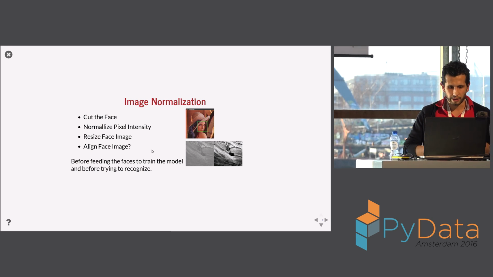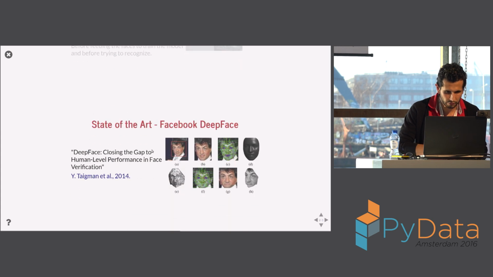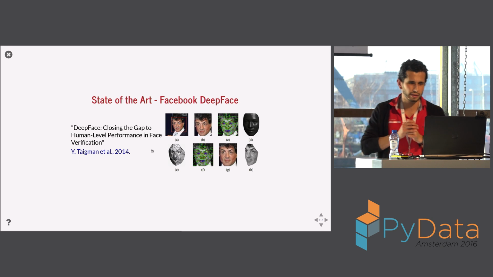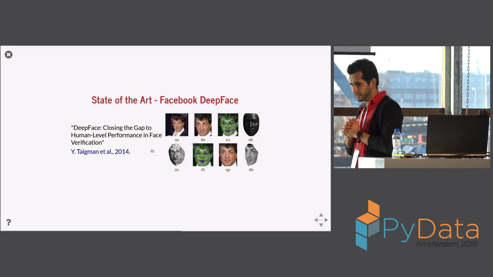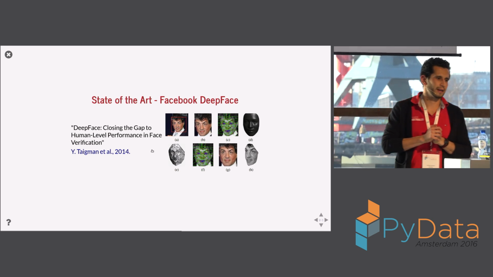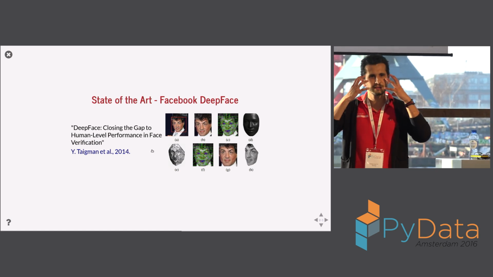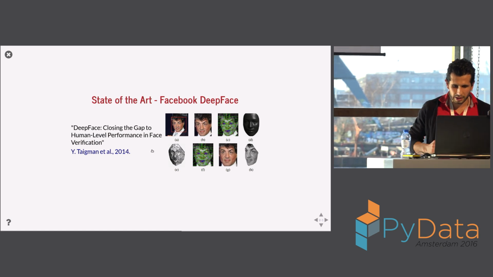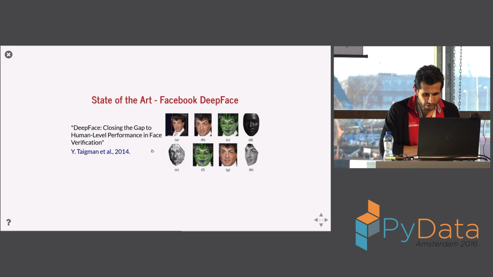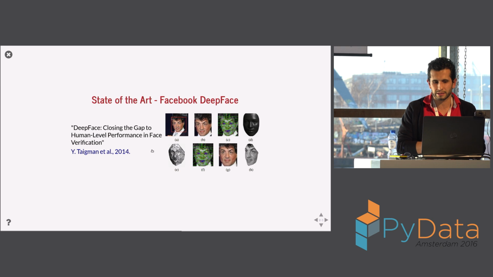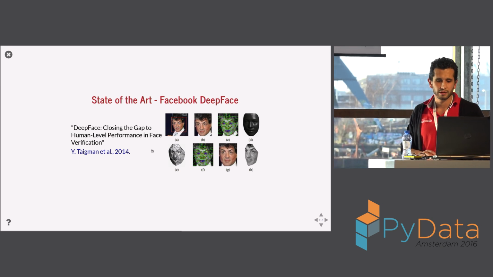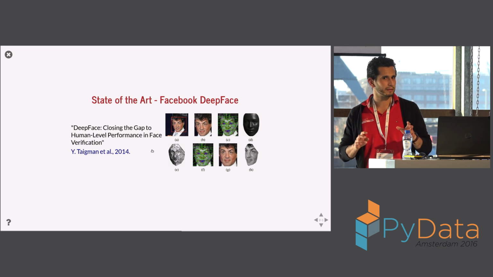And of course, if you talk about state of the art, this is a paper from 2014, DeepFace. Well, that's awesome, right? They find so many features in the face and then rotate the face. Like you can see A and G, it's completely rotated, but it's the same face.